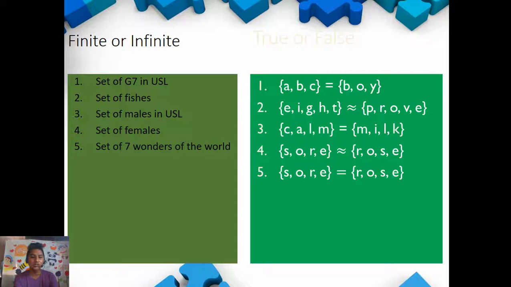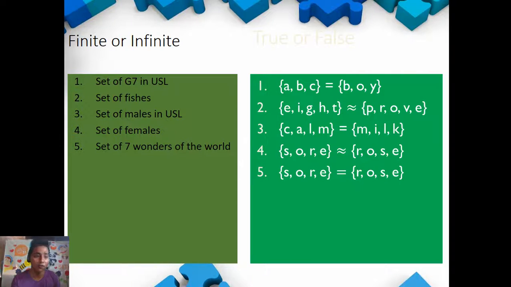That is also finite. Okay, next, set of males in USL. You have an infinite number of males in USL? None. It has an ending. Okay, so set of males in USL is finite. Next, how about set of females? That is also finite.